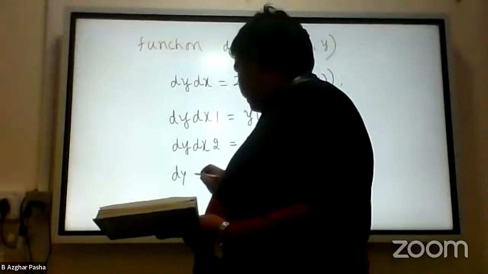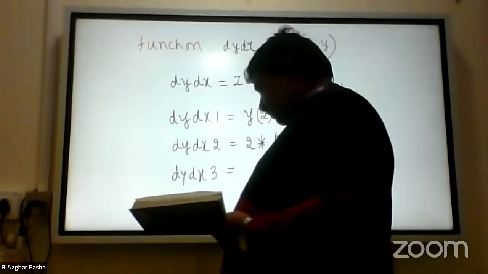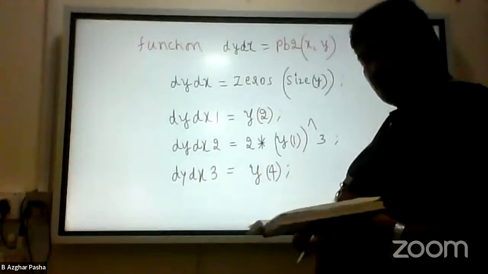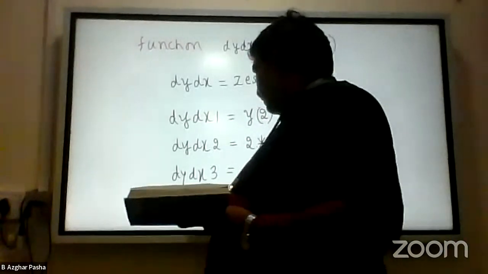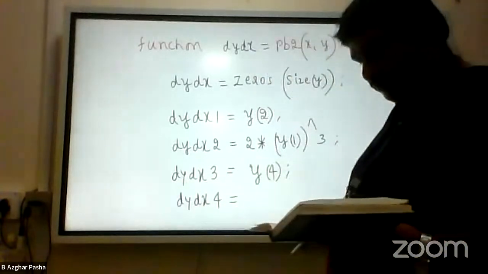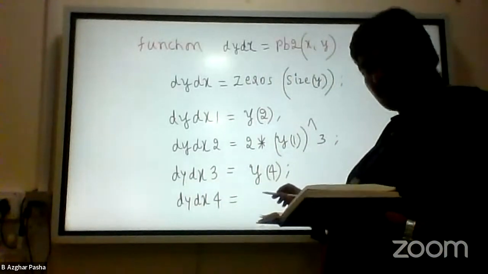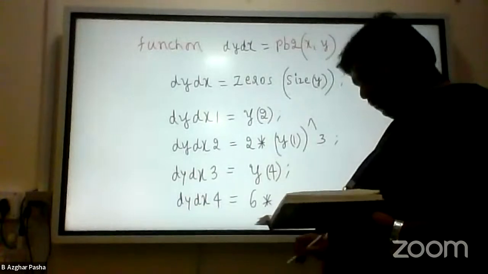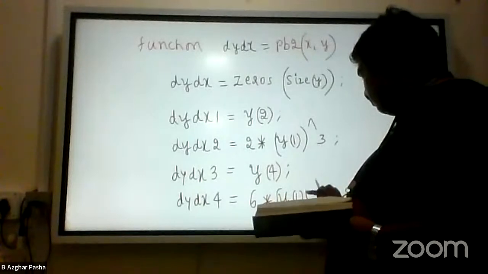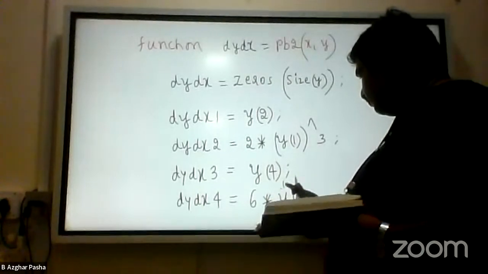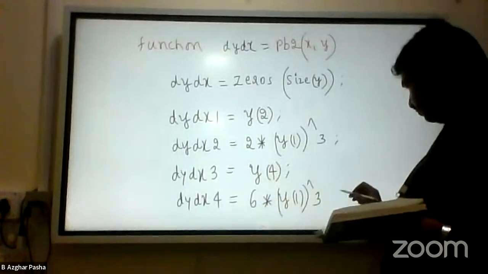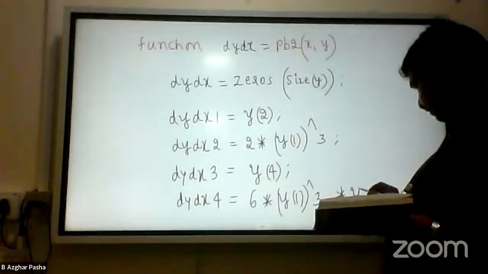Third differential equation, dy by dx 3 is equal to y of 4, the fourth element of y. dy by dx 4 is equal to 6 into y of 1, the whole square, into y of 3.